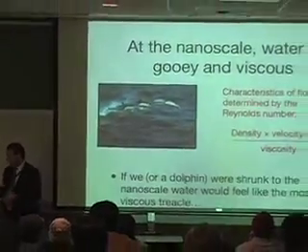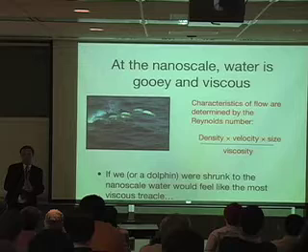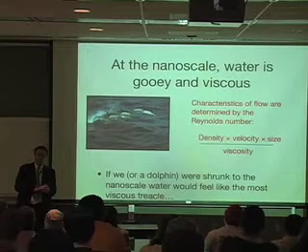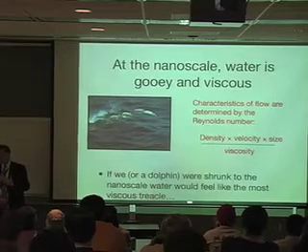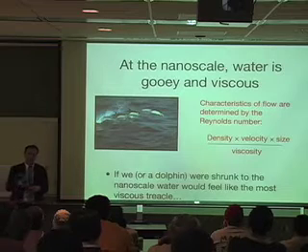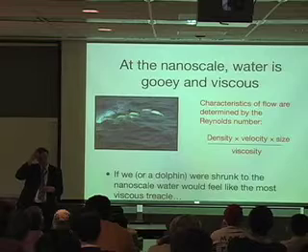But if we shrink the size down by a factor of 1,000,000 to get from our size down to a bacterial size, then you'd have to increase the viscosity by the same amount to get the same Reynolds number. So if we were shrunk down to the nanoscale, you're in a completely different regime that's dominated by viscosity. And that has profound consequences.